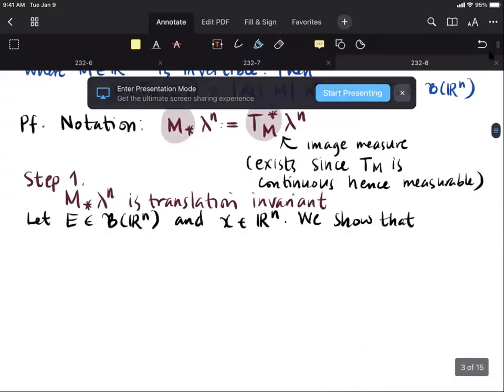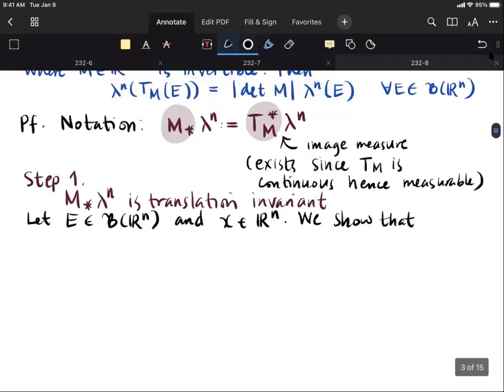So applying that, we need to show in this case that this image measure is equal to this image measure as well.